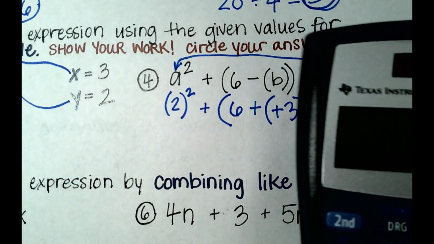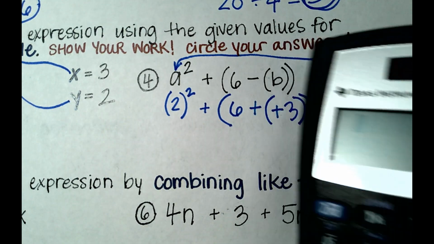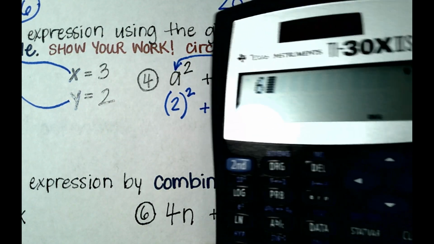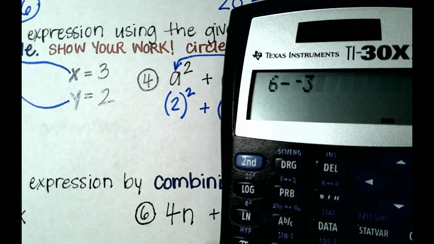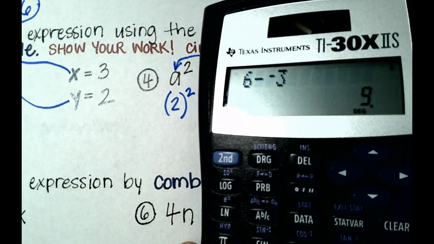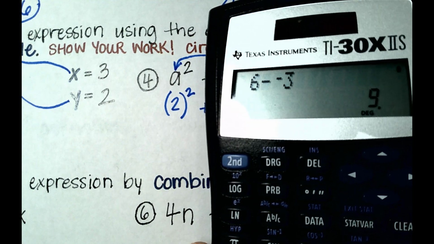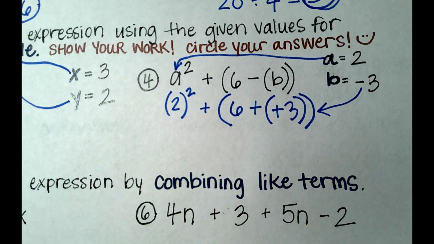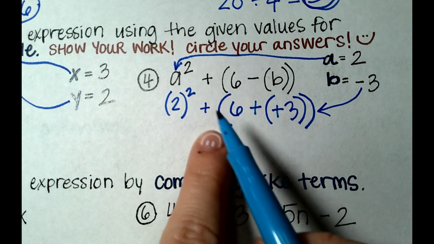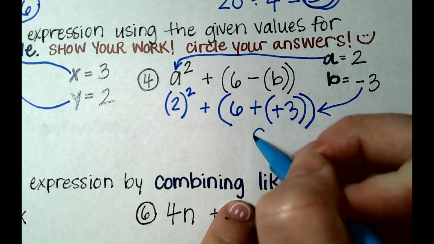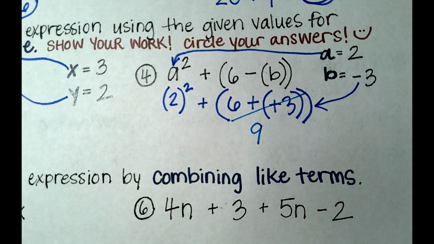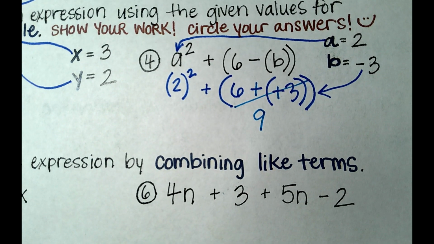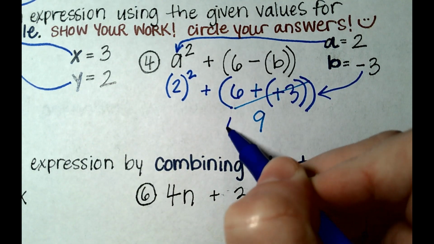Weirdly enough, it is. And I'll show you in your calculator too. If I type 6 minus negative 3, I'm going to get positive 9. Doesn't feel right, but it is. Okay, so we just found out that this in parentheses is 9. And all we have left is 2 squared plus 9.